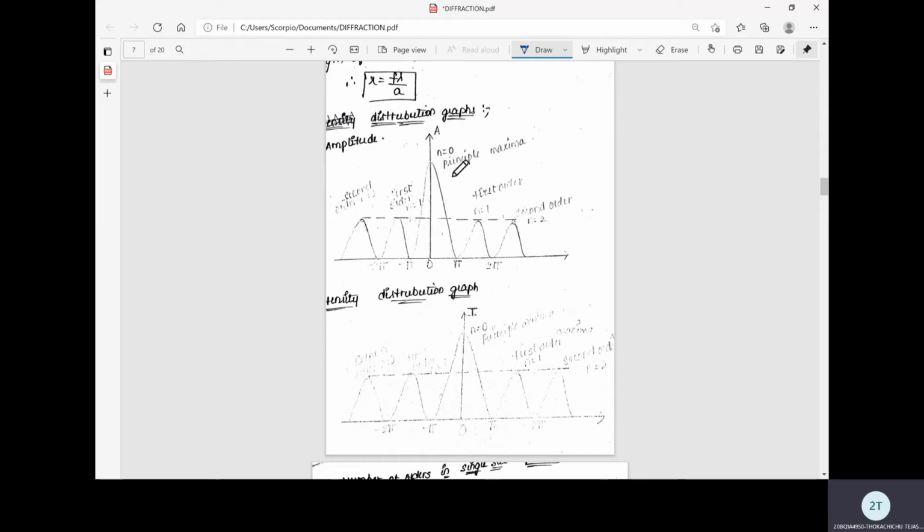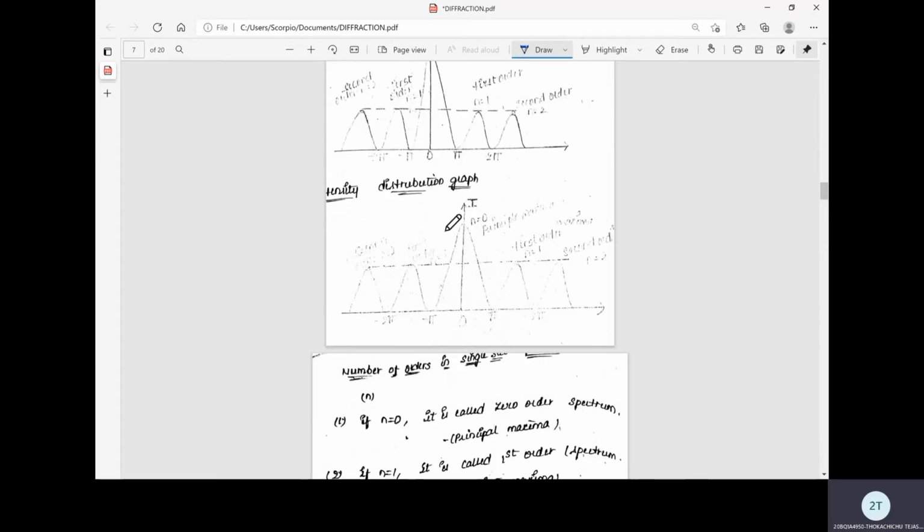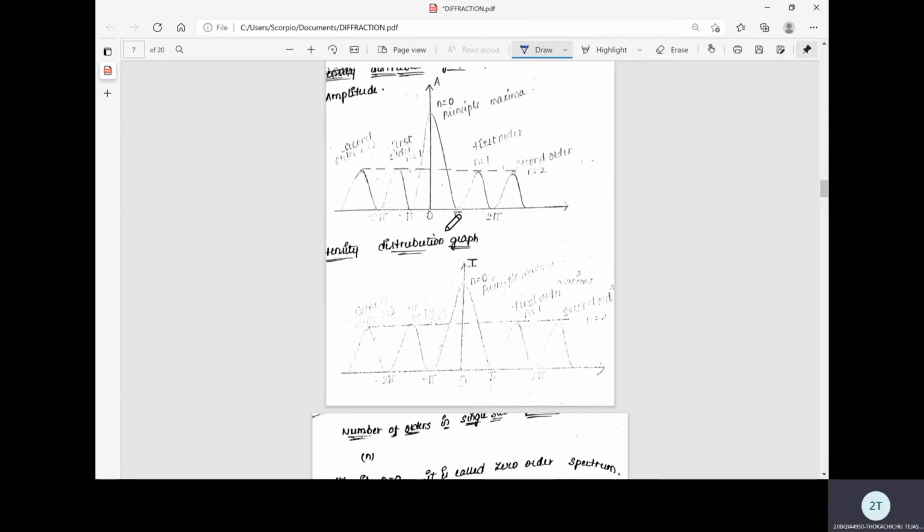For n equal to 0, it is the principal maxima. For n equal to 1, that is the first order maxima, and so on. As we know that amplitude and intensity are proportional, the graphs will also be similar, with the principal maxima in the middle, and the other maxima at the sides as per the value of n.